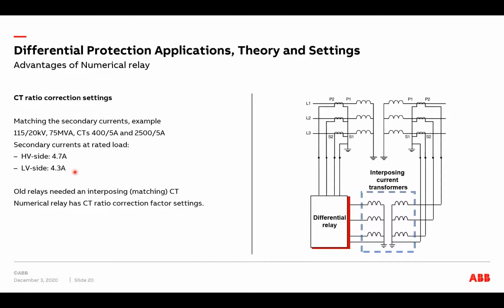So what was done with all the old protection relays was that we were using an interposing CT to correct for this current difference between primary and secondary side. So it will then be the same current coming from both sides.